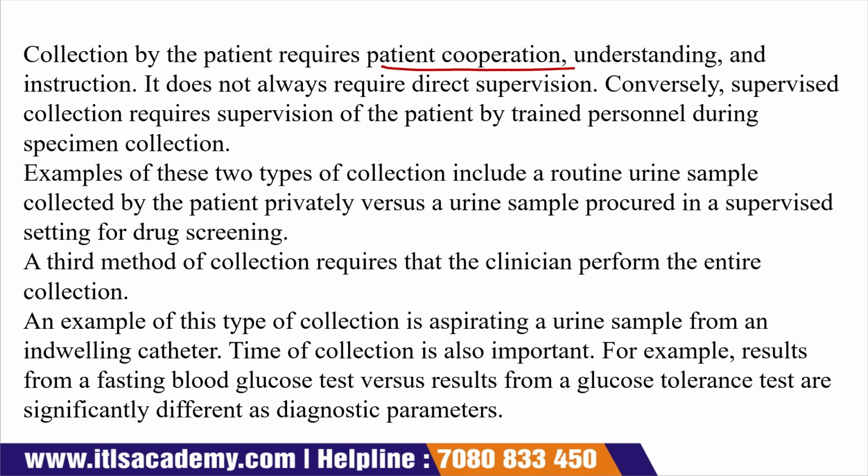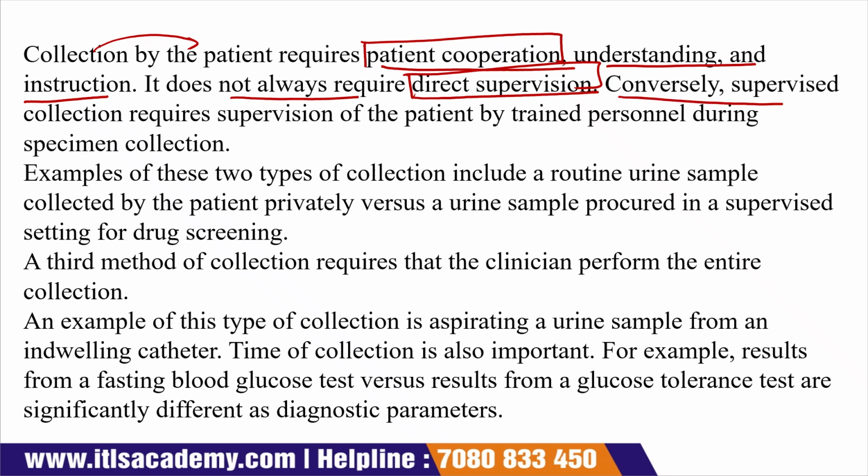Patient cooperation is very important when the sample is collected by the patient, along with understanding and instruction. Direct supervision is not always required. Conversely, supervised collection requires supervision of the patient by trained personnel during specimen collection.